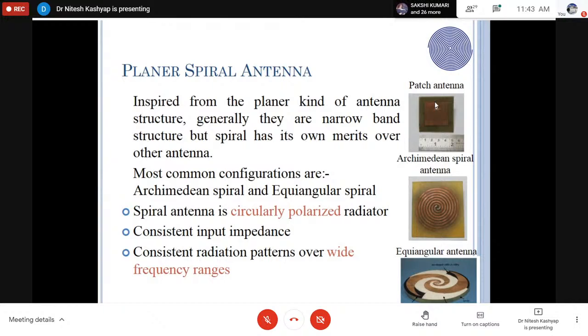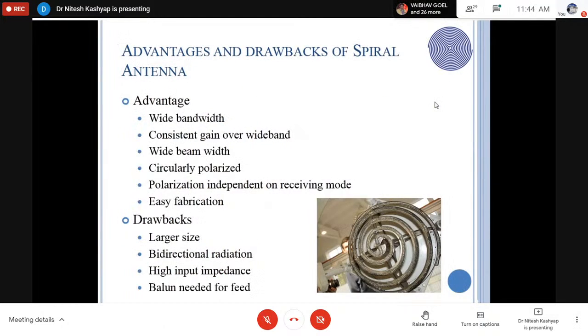consistent radiation pattern over a wide frequency range. Similarly, if we have a consistent input impedance in the Archimedean spiral, we will have a consistent frequency range. Okay, so there are some advantages and drawbacks.